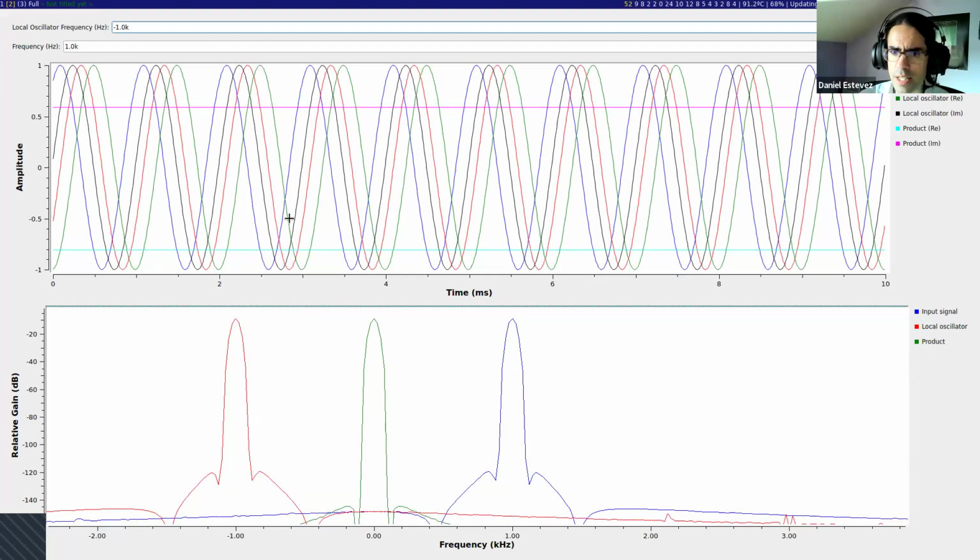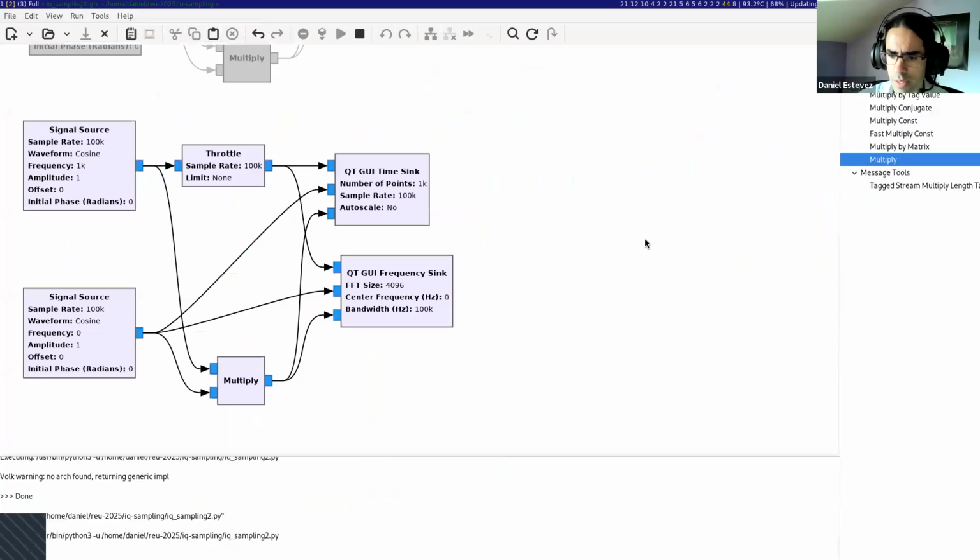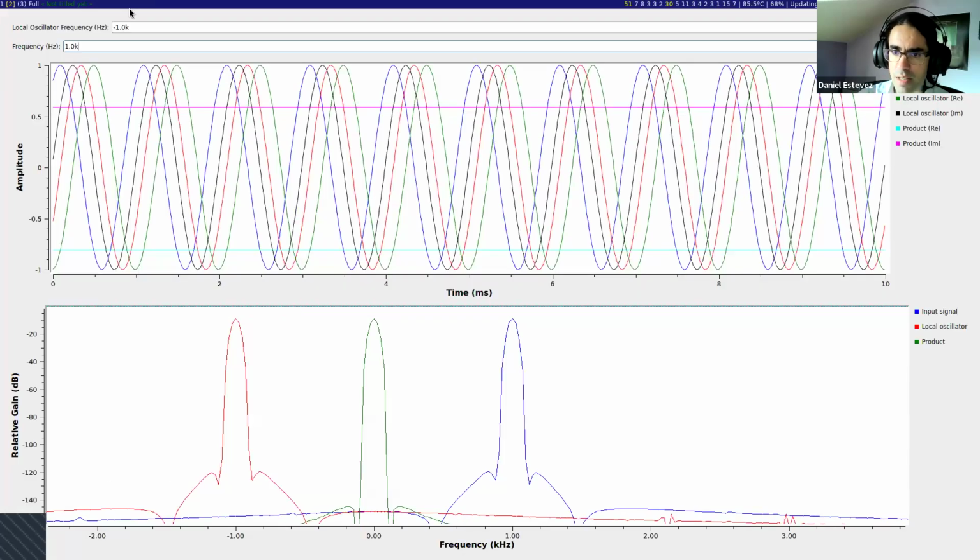So that is something else I should mention. To keep things simple, I'm multiplying complex numbers. So I have a multiplication here. What happens is the frequencies add together, but usually in many practical applications, it is easier to think about setting the local oscillator to the same frequency we want to receive.